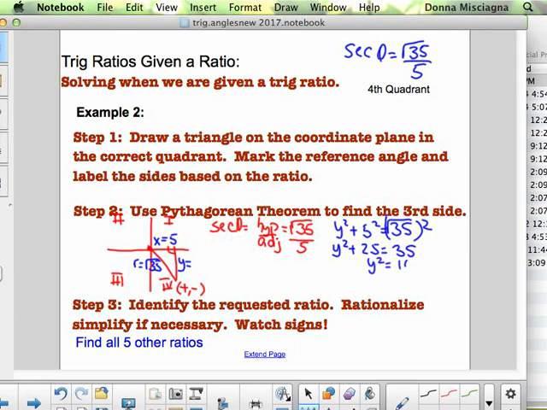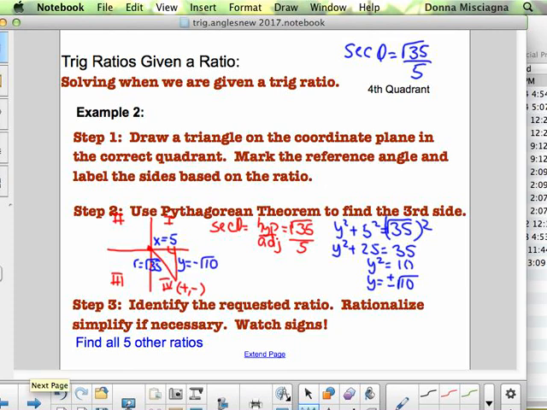Y squared is 10, and that means y is the square root of 10, but it could be positive or negative, depending on what it is. The only one that will never be negative, so you won't have to write positive and negative, is the hypotenuse. That's always positive. In the fourth quadrant, the y is negative, so this is going to be negative square root of 10.